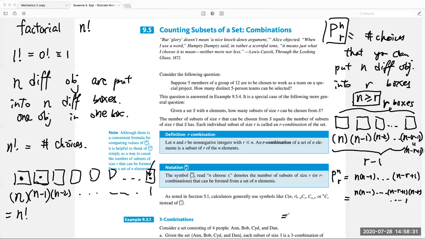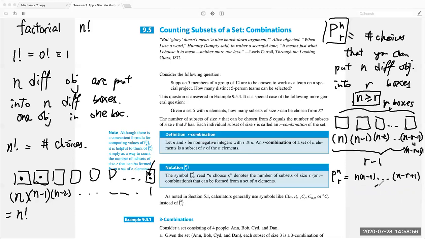So how can we simplify it even more? Sorry, let me erase it again.